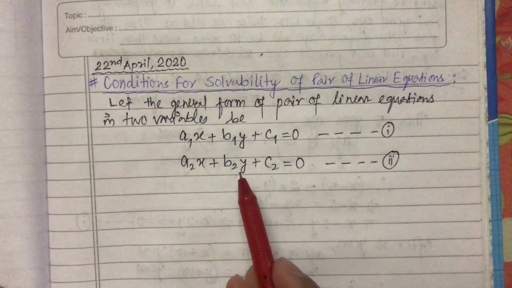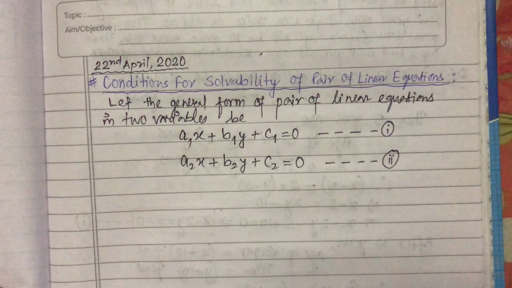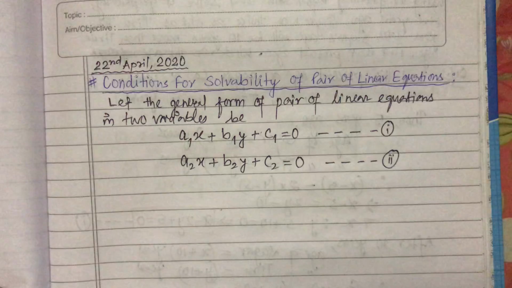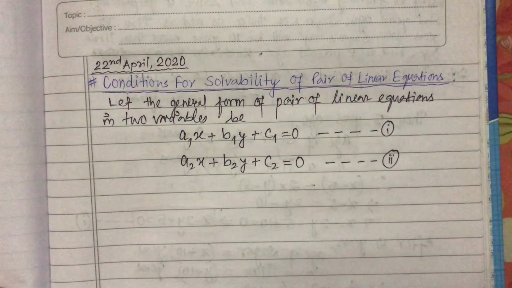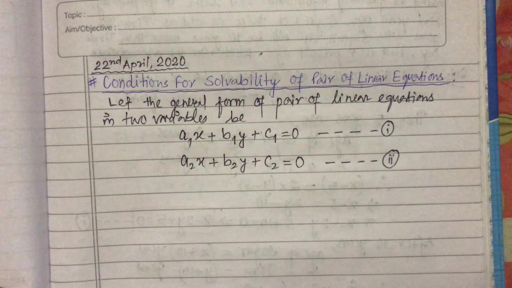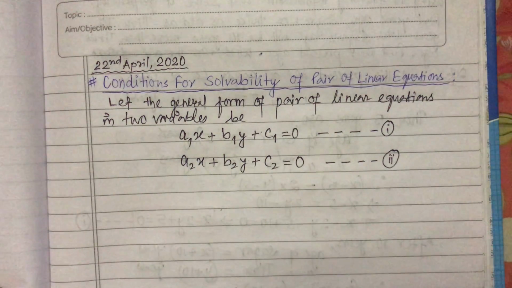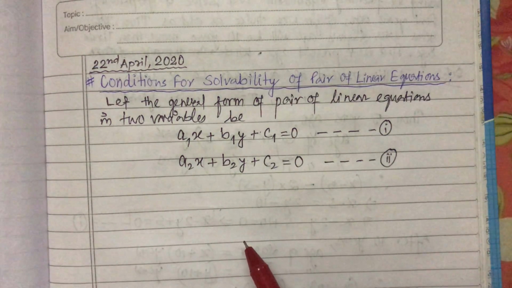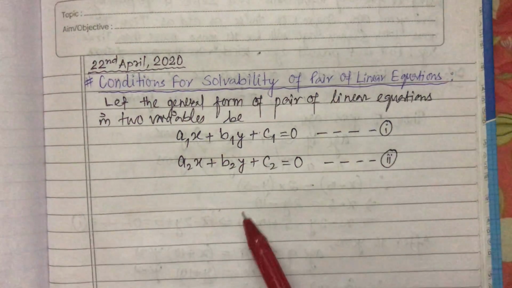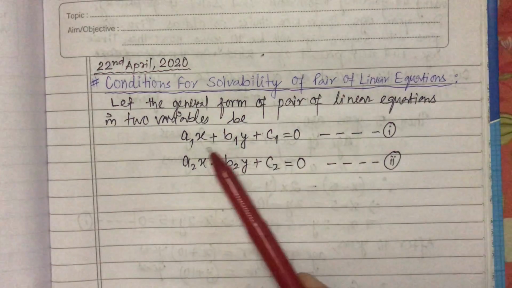Because we have seen in the graphical method three types of graphs: intersecting, where we get one answer; coinciding, where x and y have infinite values; and then one more where the lines were parallel. Lines being parallel means the values of x and y do not exist, we cannot find the values of x and y.